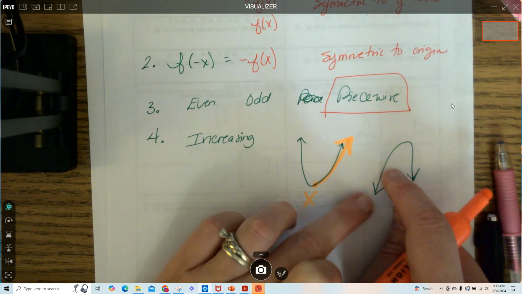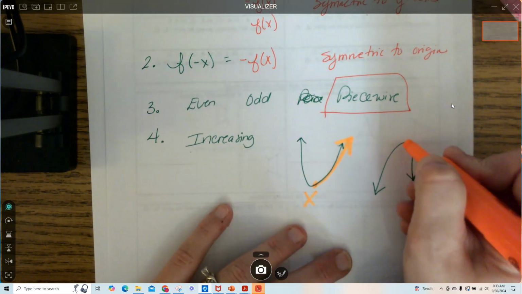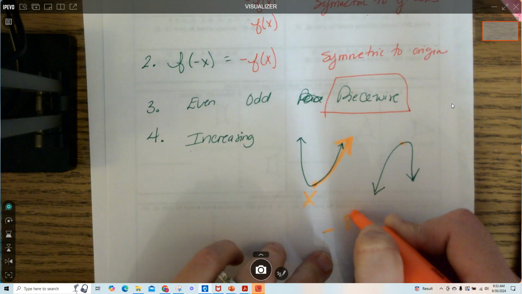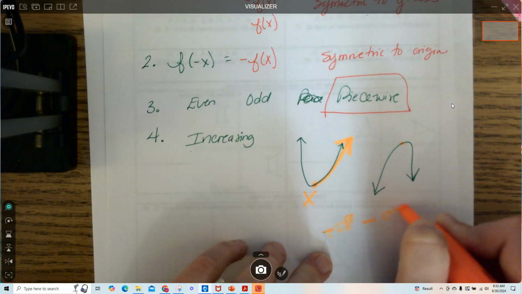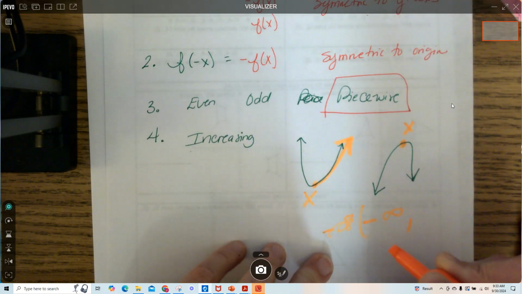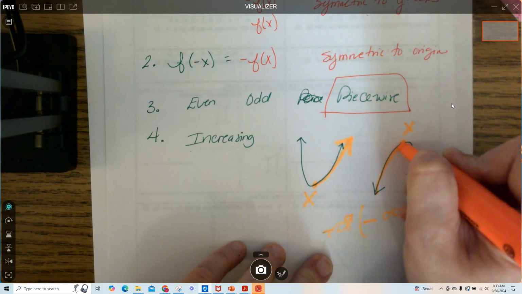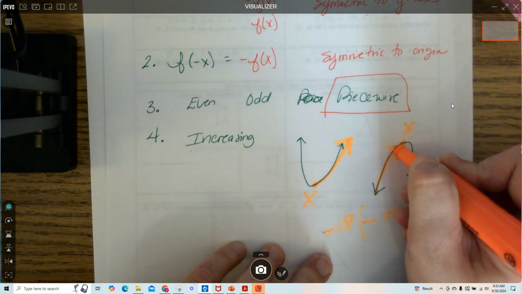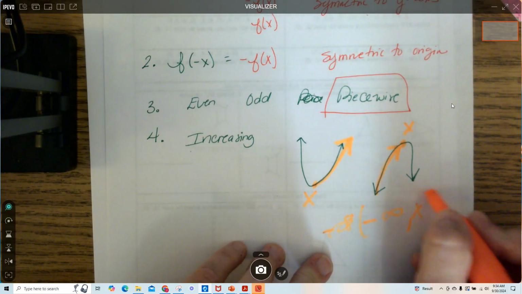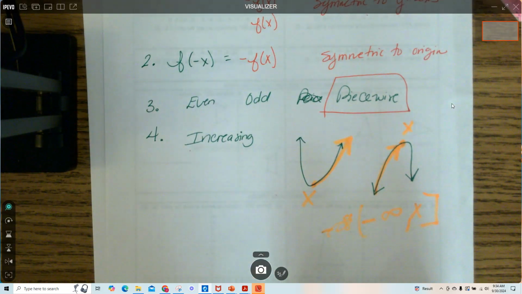If it's flipped like this, your increase is from negative infinity to whatever the x value of your vertex is. This is the increasing piece. Here's where your y's are getting bigger.